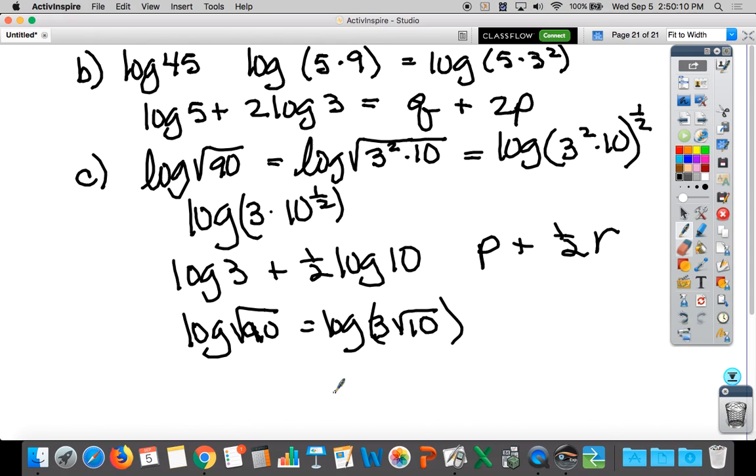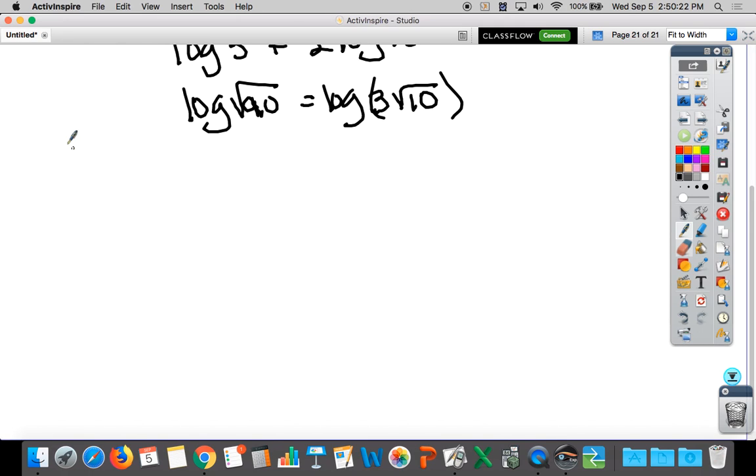Anybody else do it a different way? Okay. Then let's look at D. This one was a little bit tricky. Did anybody think that they figured out the log of 0.2? Okay, let me hear you.